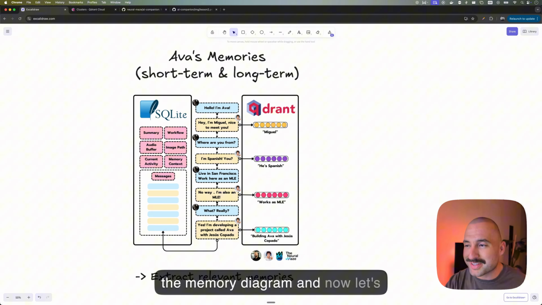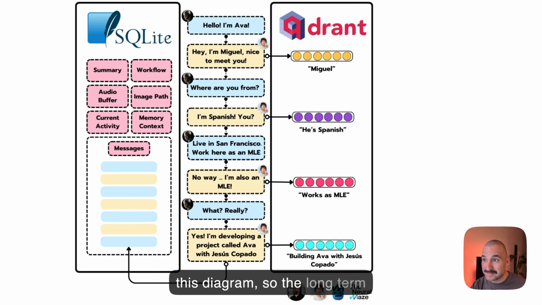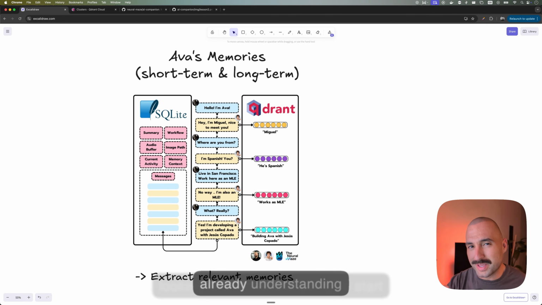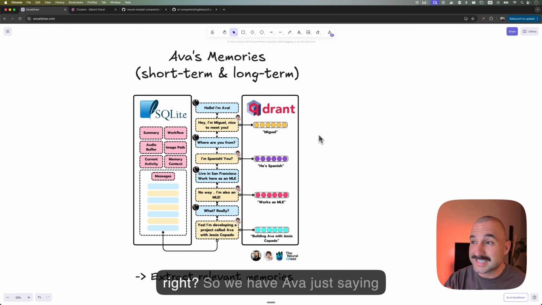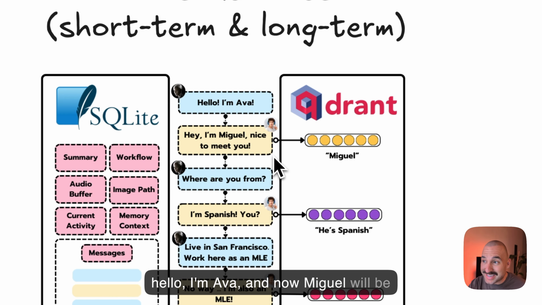Okay, back to the memory diagram, and now let's pay attention to the right side of this diagram, the long-term memory that we implement with Qdrant. By looking at this, we're going to start understanding how we extract those relevant memories. So let's start from the top. We have Ava saying, hello, I'm Ava. And now Miguel says, hey, I'm Miguel, nice to meet you.